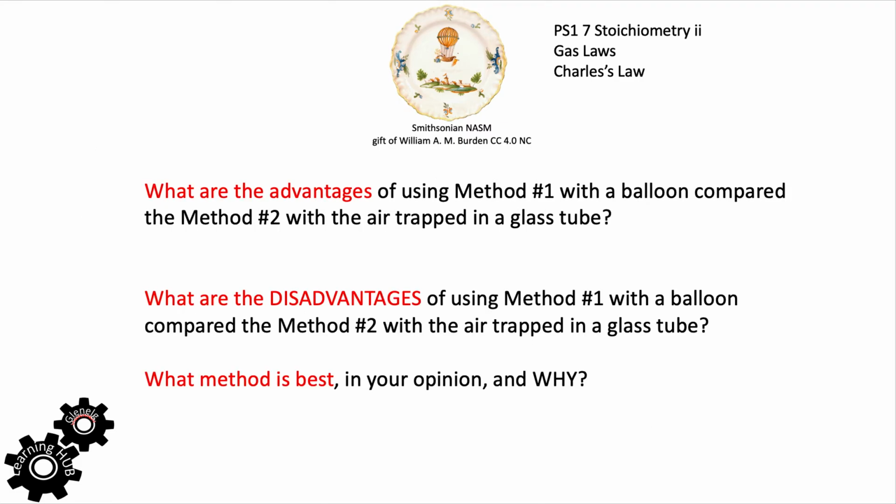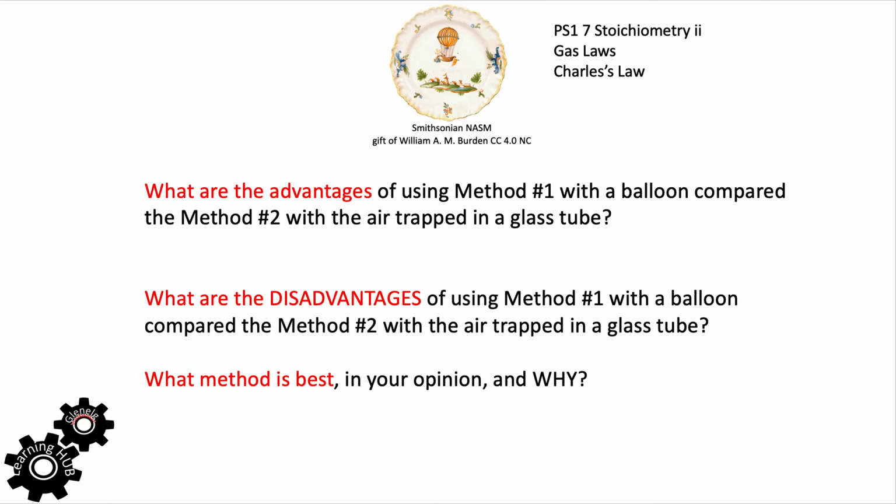Now you're going to look at those 2 methods. What do you think the advantages of using method 1 compared to method 2? So the balloon diameter change versus the height of the air column change. And you now know what the conversion number is.